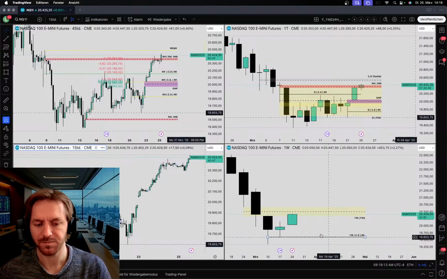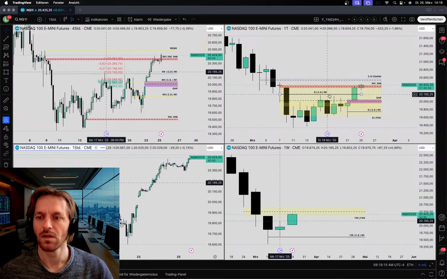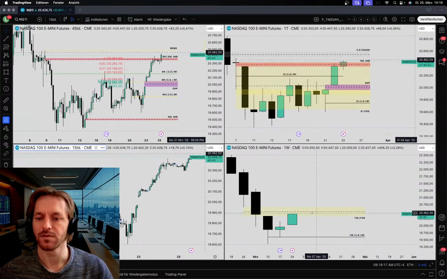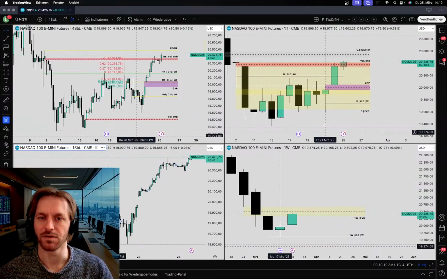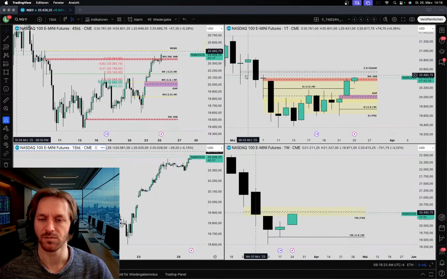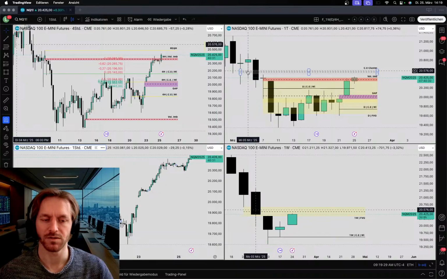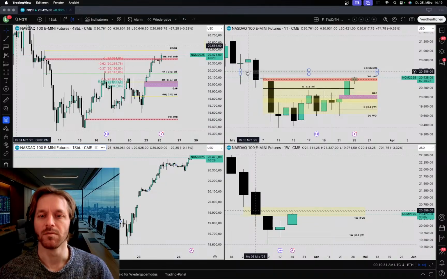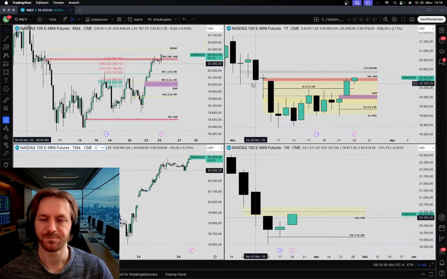And on the daily, the midpoint would be the beginning of this consequent encroachment cluster here, which is the range from the midpoint of this wick to the midpoint of this wick here.